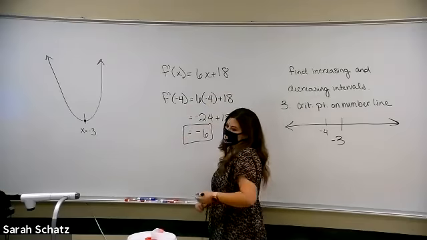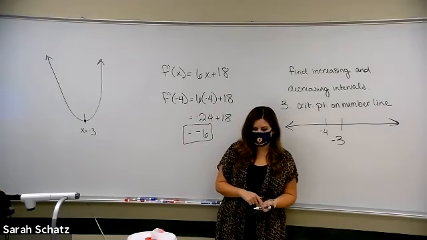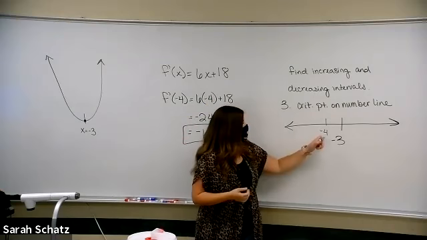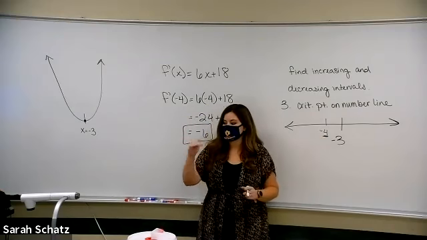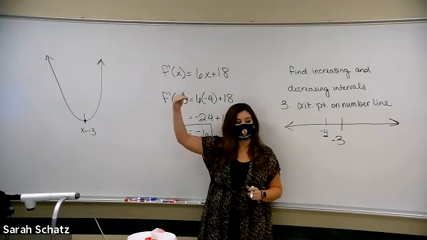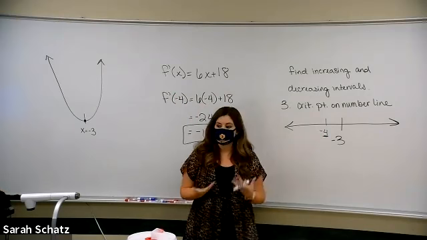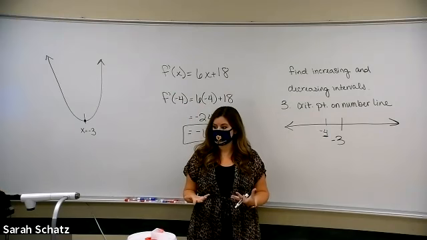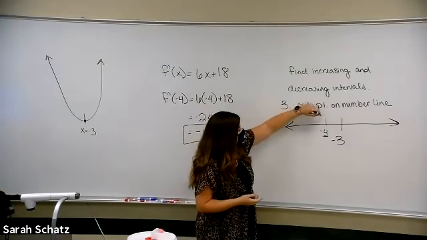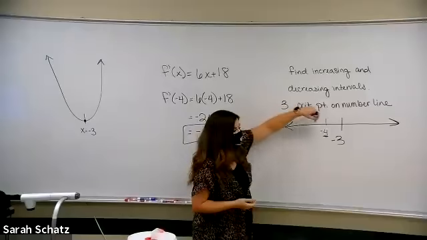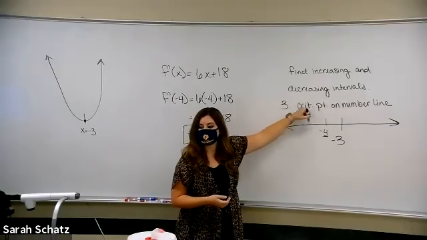I don't care that it's a 6. I care that it's negative. If the derivative at -4 is negative, it means the graph is going down at that point. And because of what I know about the way these functions move, if it's going down here at -4, it's going down for this entire interval.